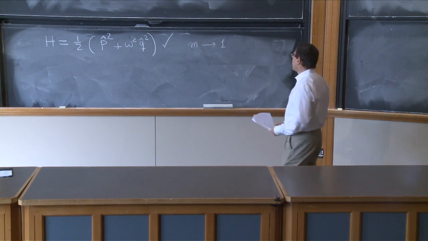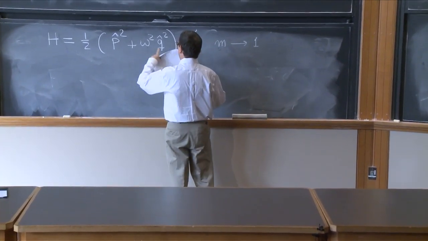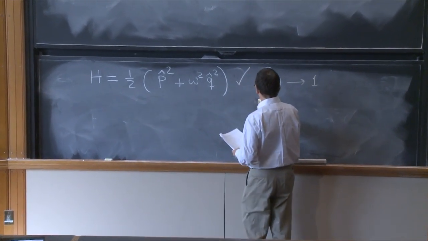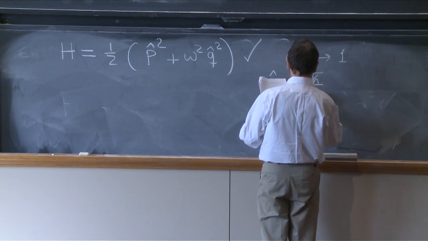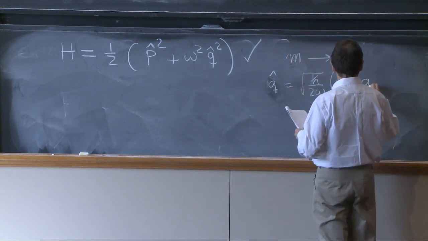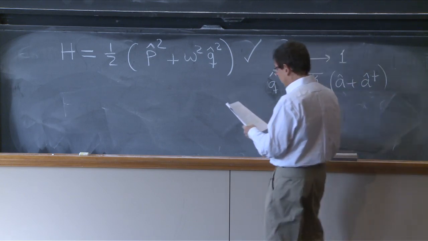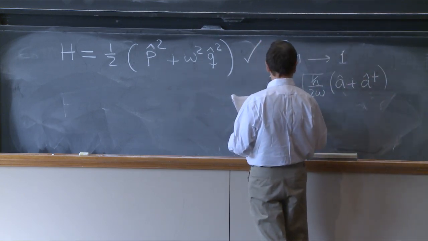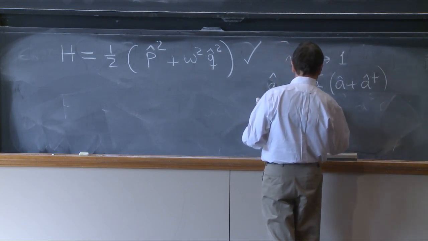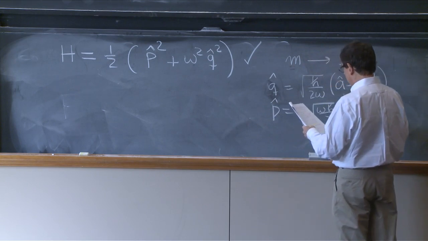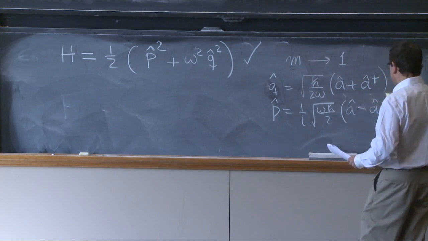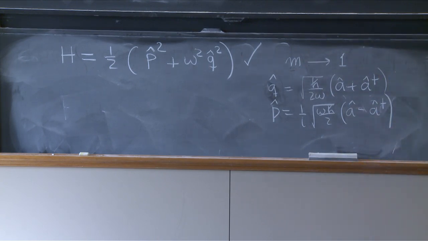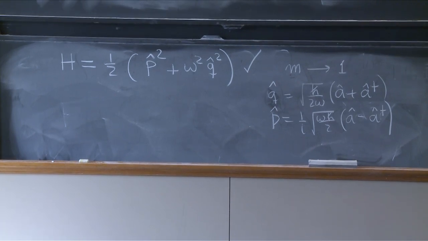Nothing goes funny. So in particular, you had an expression for x that now is called q in terms of creation and annihilation operators, and now that reads... and you had an expression for p, and that one reads now a dagger minus a... These formulas used to have m's in there, and I've just set m equals 1, and that should be the right thing.